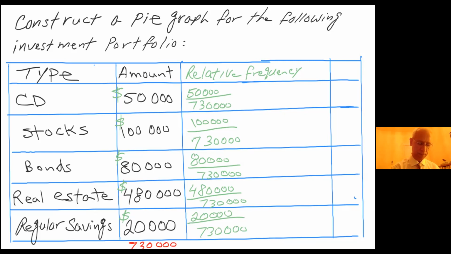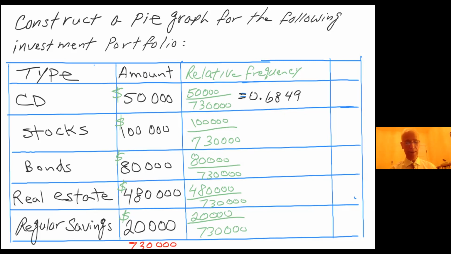So I get 0.68496849, okay, rounded to 4 decimals. Now that's my relative frequency.